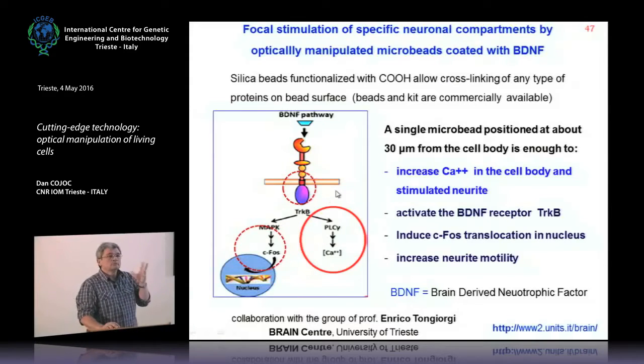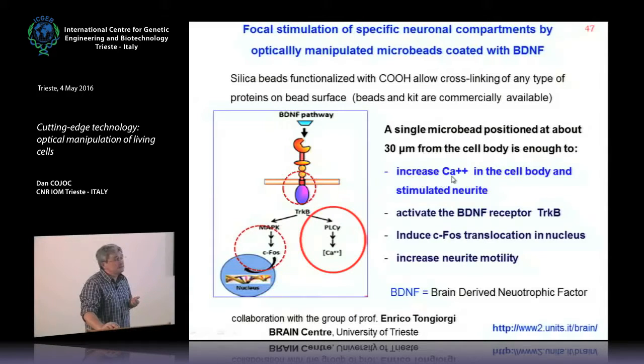We knew more or less where we should apply the signal from previous experiments with beads in bulk. And we checked that this works with four experiments. I will show you one.